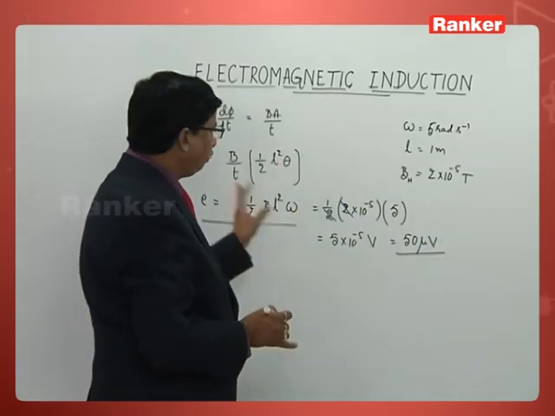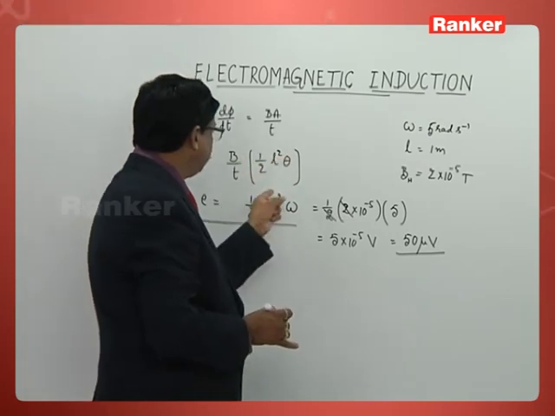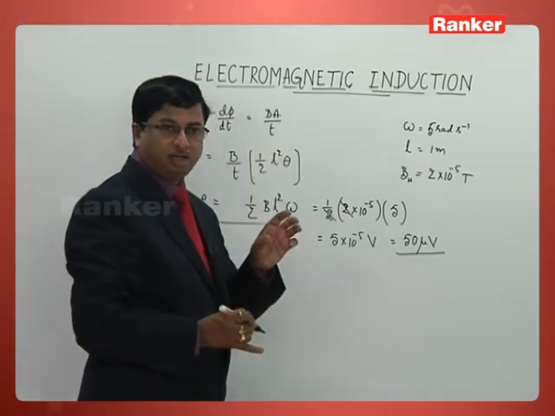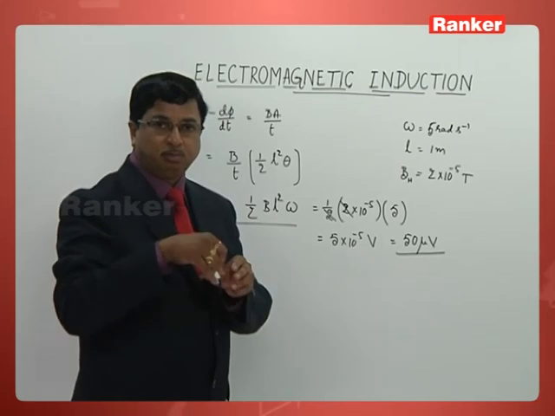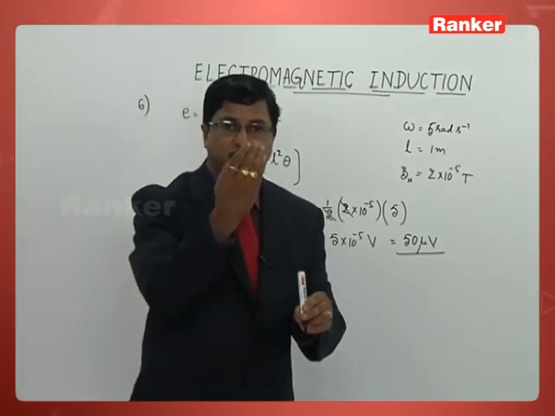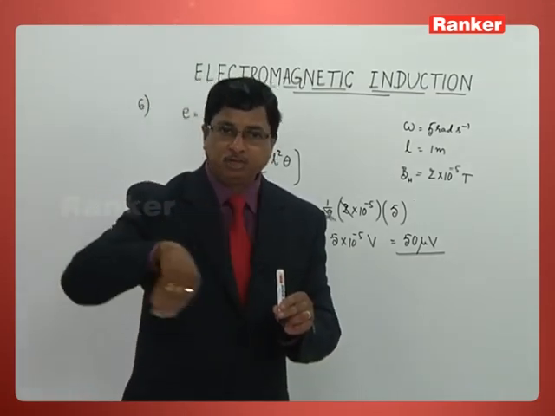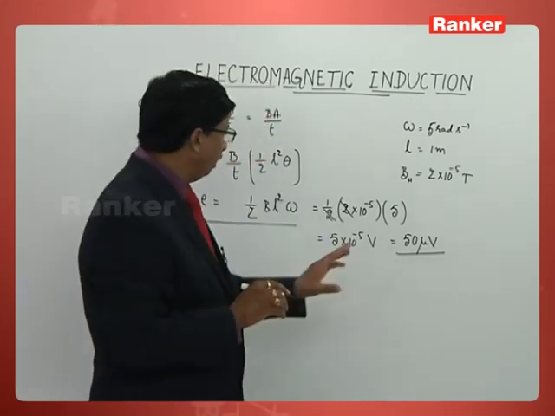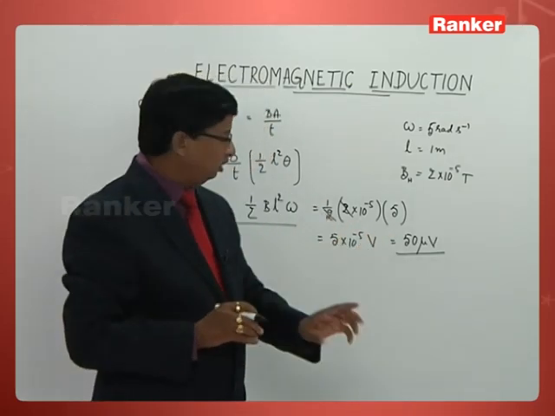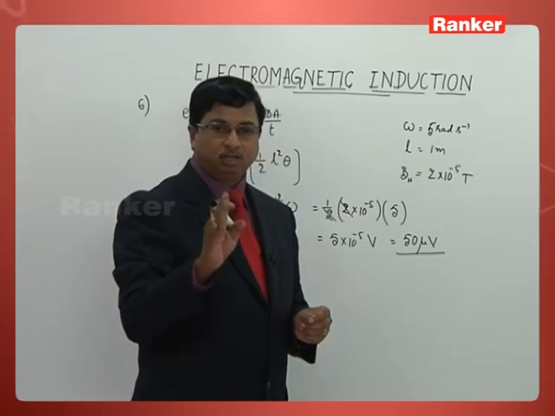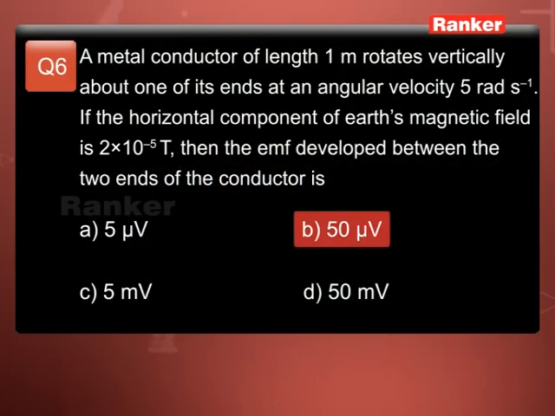So the point you should understand is, this is the formula for the area of that particular body which is rotating in the vertical plane. If you take that, 50 microvolt tallies with the second option. So we can write the answer for this one directly as B.